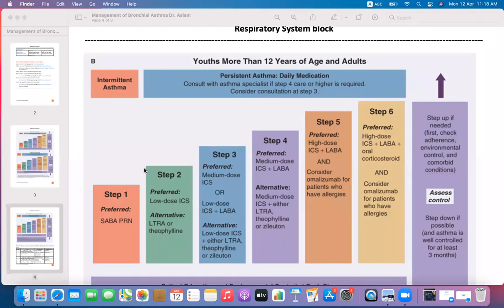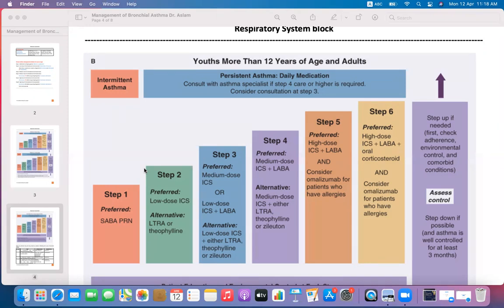As we discussed in the treatment plan of asthma for 0 to 4 years of age, there is no use of theophylline, but in the age group of 4 to 11 years, there is an inclusion of theophylline, which has bronchodilator as well as anti-inflammatory properties in the management of bronchospasm.